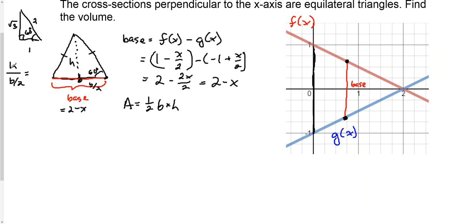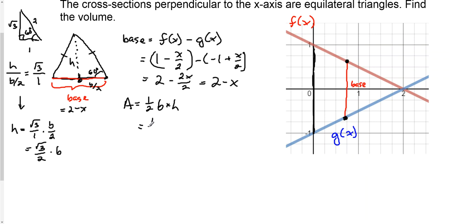In our special triangle over here, our height is root 3 and our base there is 1. So we can rearrange it. We want height in terms of b, so h is going to equal root 3 over 1 times b over 2. So root 3 over 2 times b.